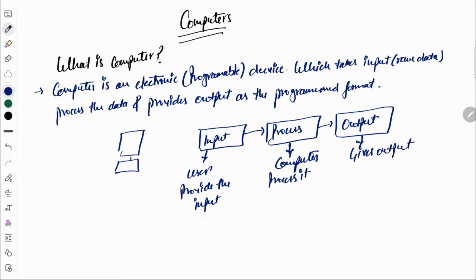Here is an example. Suppose we want to get the result of 1 plus 1. We provide 1 and 1. It processes the arithmetic operation 1 plus 1. It gives 2.